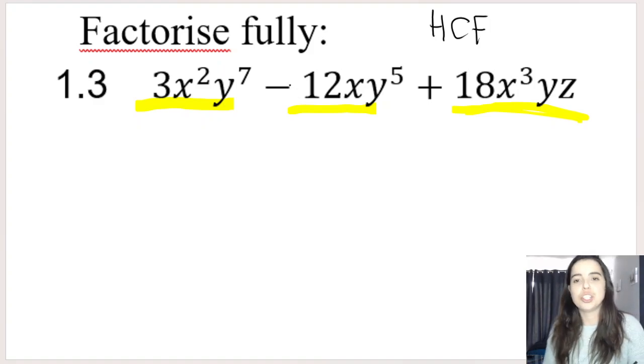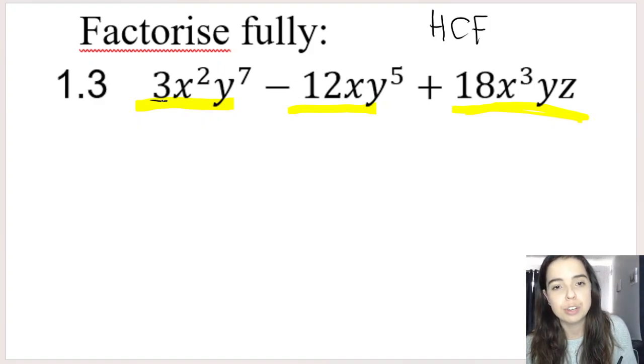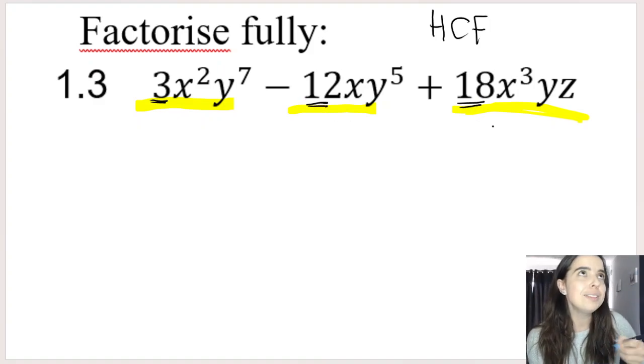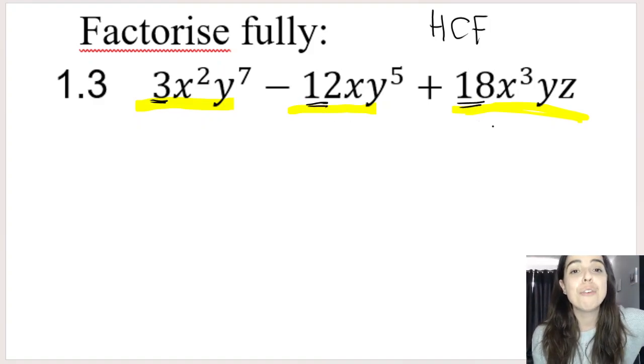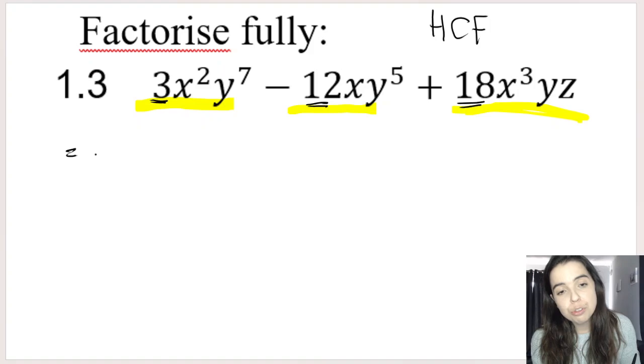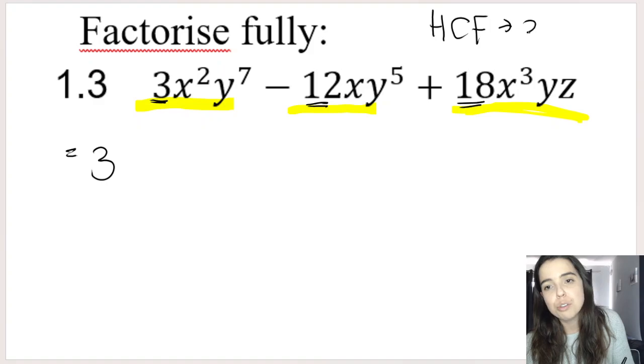If you look at that expression, you need to decide, is there a number that can divide into 3, 12, and 18 without a remainder? What is the biggest number, the highest factor of 3, 12, and 18? And that is 3, because 3 can divide into 3, 3 can divide into 12, and 3 can divide into 18. Okay, so part of our HCF is 3.